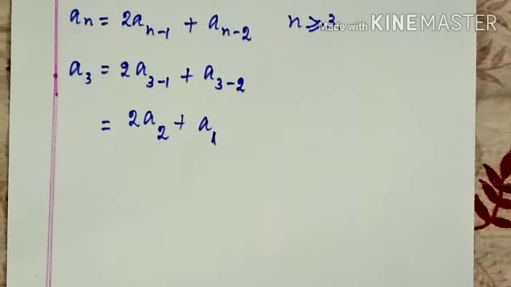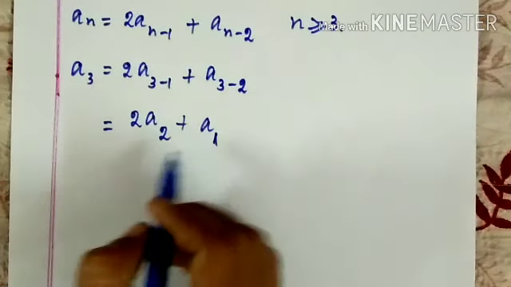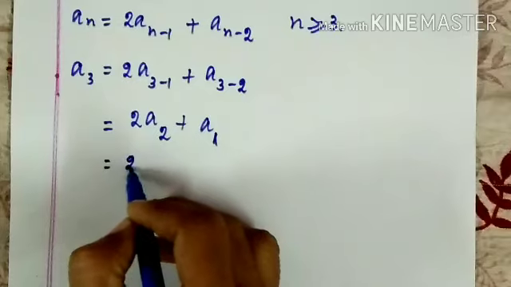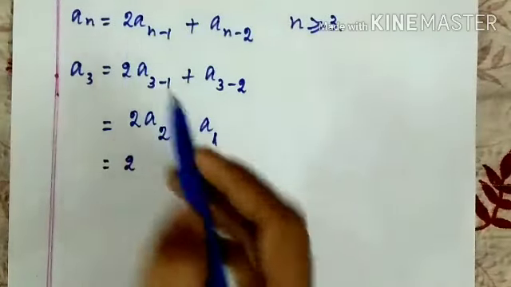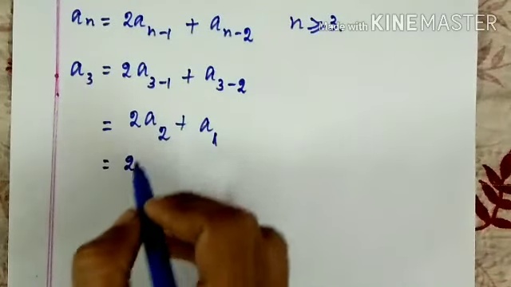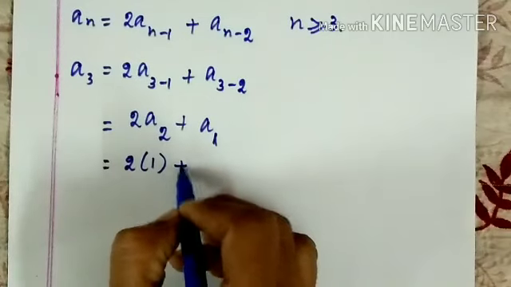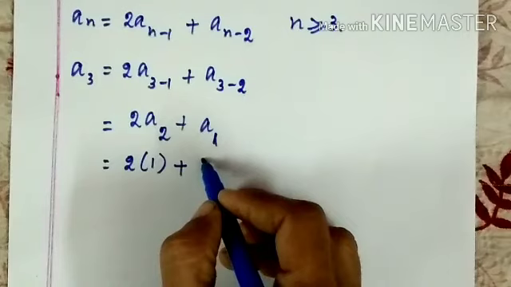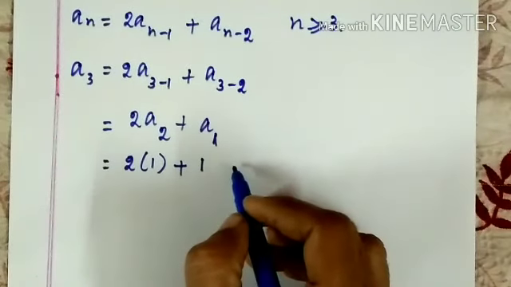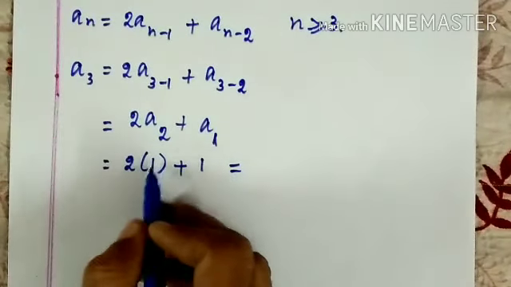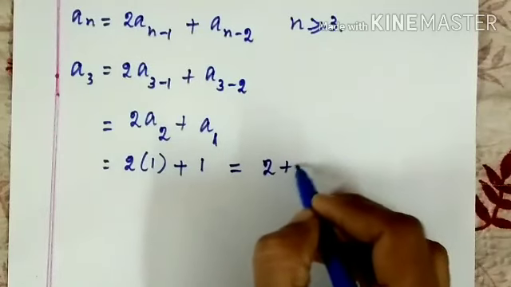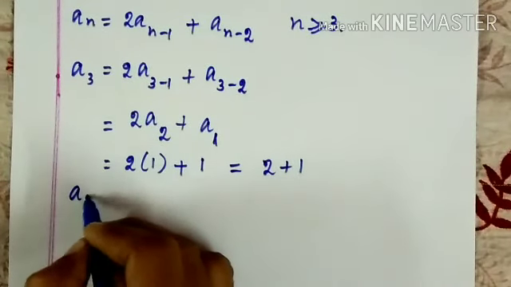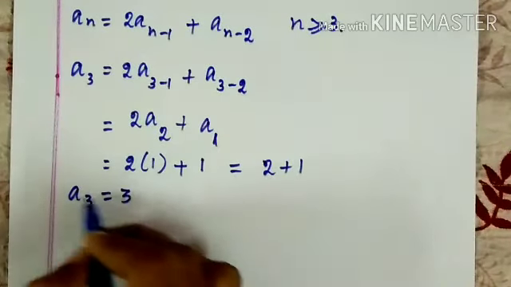Here you have to apply the given values, that is 2 into A2, which is given in the question as 1, and plus A1 also given in the question, that is also 1, which is equal to 2 into 1 plus 1. Therefore the value of A3 is equal to 3.